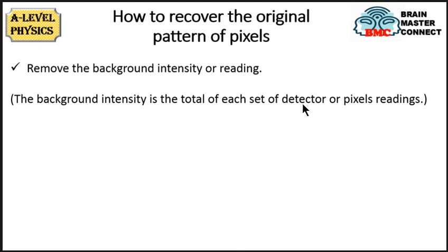Each set of detector or pixel reading, if you add it up, it will give you the background intensity. That is just very straightforward. I'm going to explain this using an example very soon. That is not hard to do.